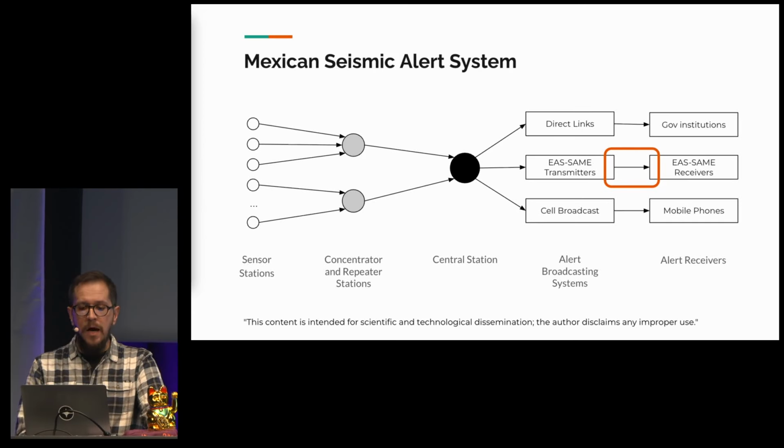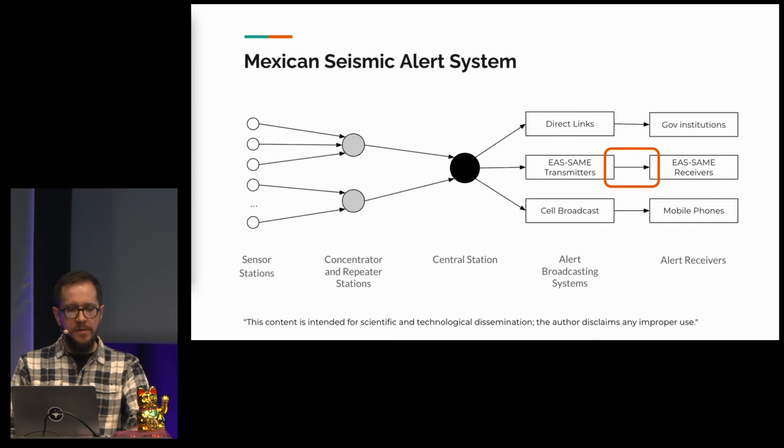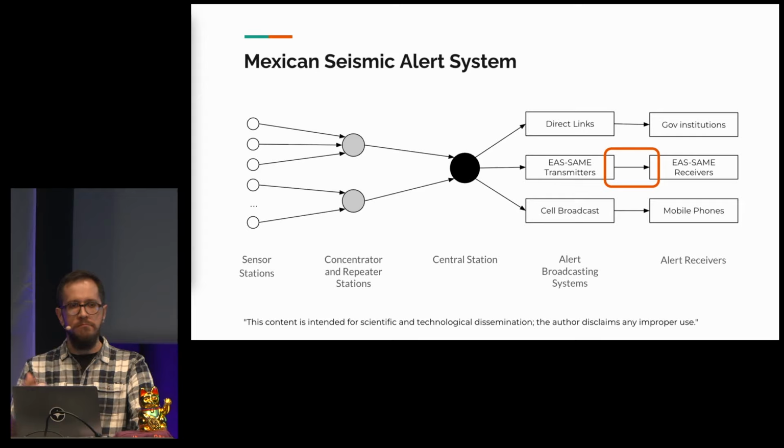There is also, 2 years ago, they integrated this system with the telephone operators in Mexico City, the mobile operators, using cell-broadcast technology, but they are still testing it. This year we had a drill that seemed to work. So this system, although it's a little bit outdated, is still using thousands of receivers in Mexico City.